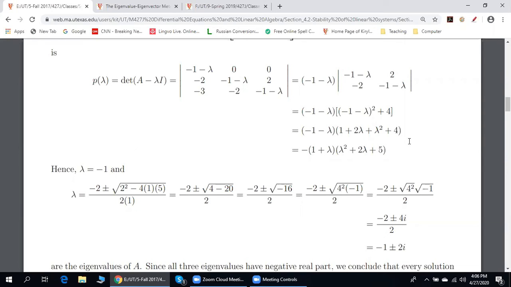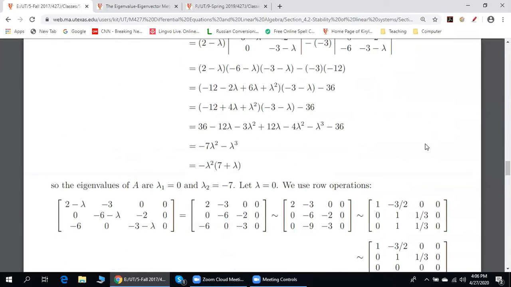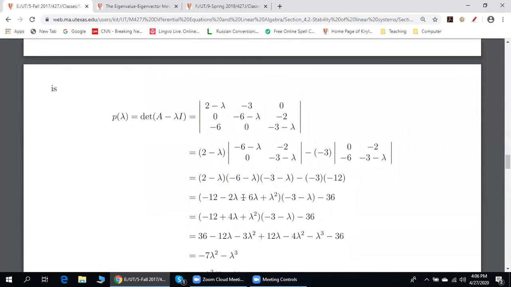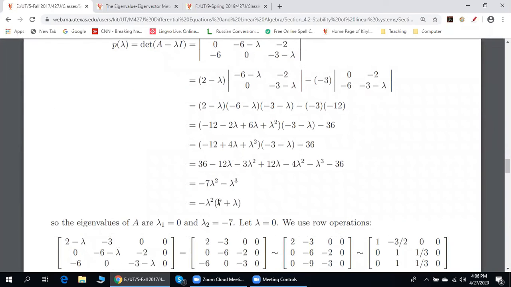And each time we have the first power again. In contrast, please take a look at this characteristic polynomial for this matrix. It's negative lambda squared times 7 plus lambda. The multiplicity of 0 is 2. The multiplicity of -7 is 1. Does this answer your question?